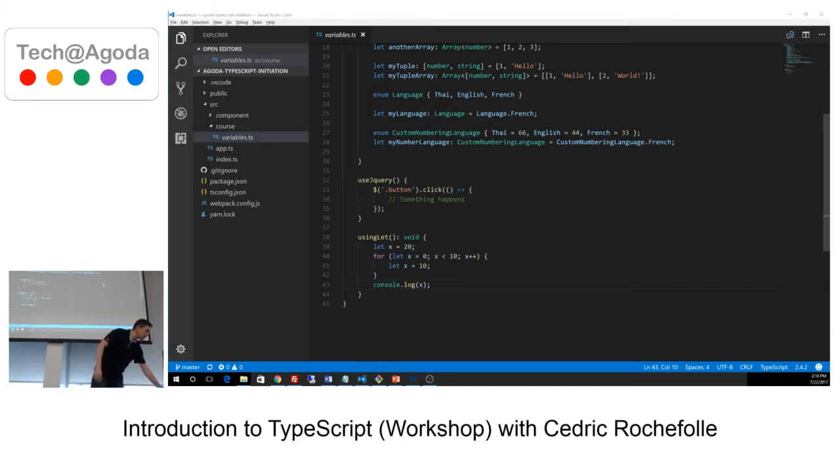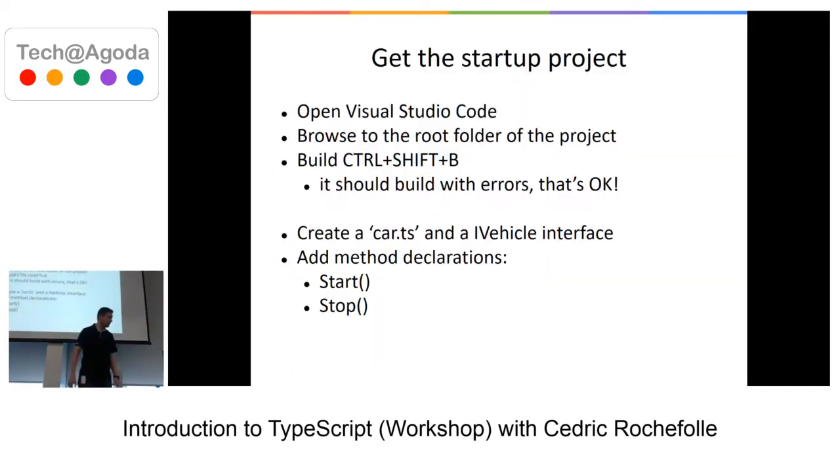Once you go there, if you press Control, Shift, and B, it should run the compile command. You might see a menu asking you to select which build command. It's going to show Webpack. Now, the build will fail, in theory.